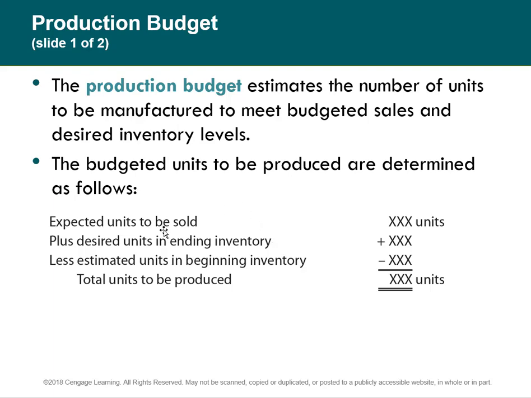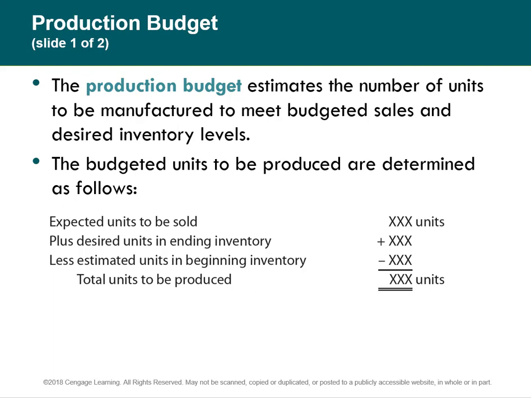So units to be sold plus desired ending inventory, and then we subtract what was on hand at the beginning, less beginning inventory. That gives us units to produce. So sales plus desired ending inventory less beginning inventory gives us what we've got to produce that month.